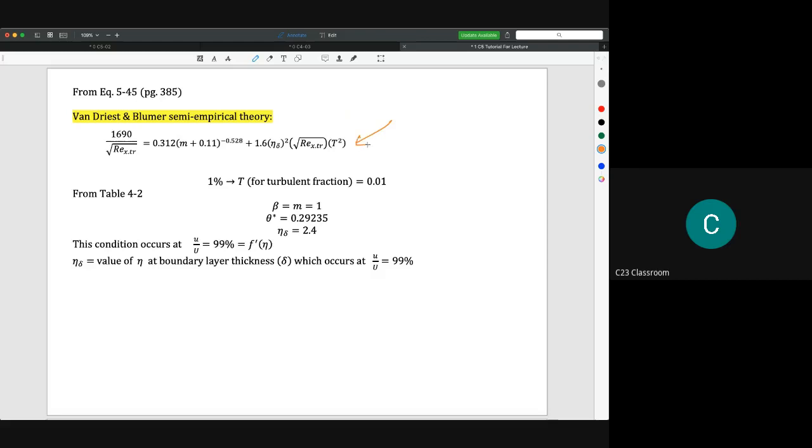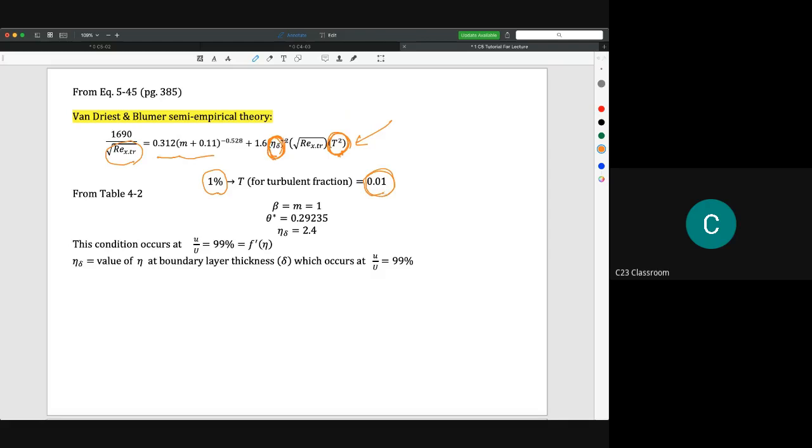We have 1690 over the Reynolds transition, and then 0.312 to the power of m, and then we have eta theta, eta delta, and also the term t. Here t is the percentage of turbulence, given in the question as 1%. So we substitute the value of t with 0.01.